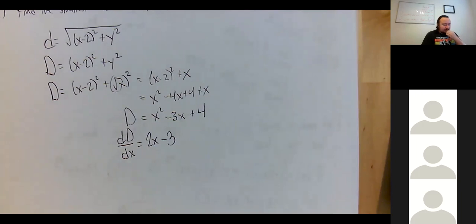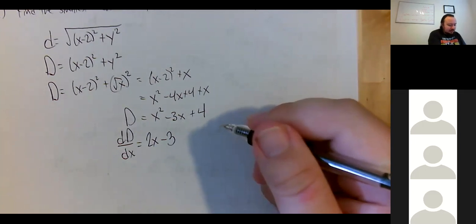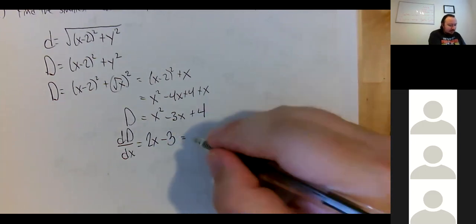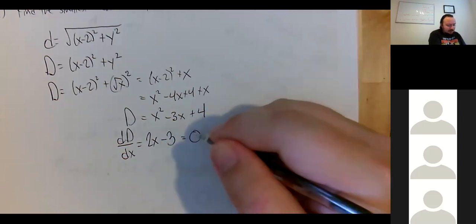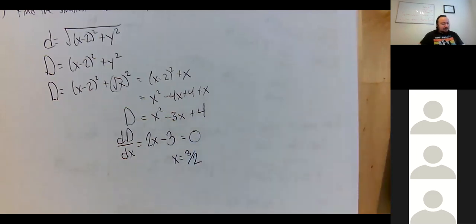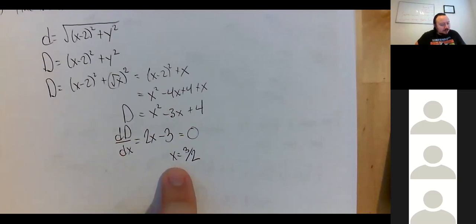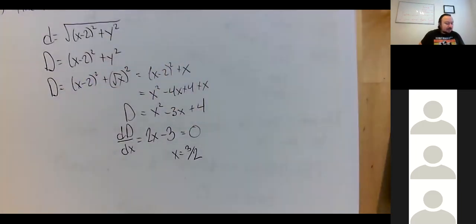All right, so when we do that, we set that equal to 0, we're going to end up with x equals 3 halves. So x equals 3 halves will be the x value that's going to be closest to this right here.